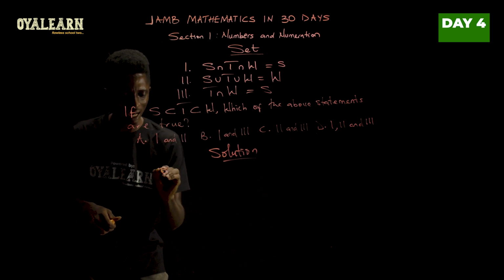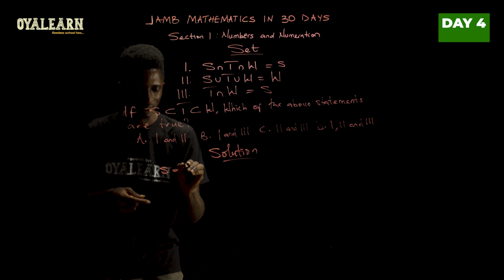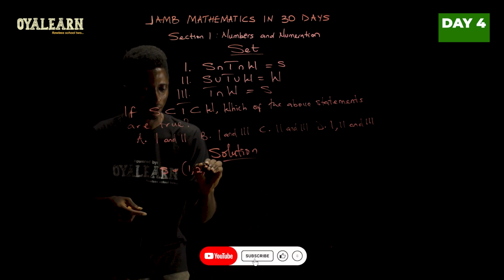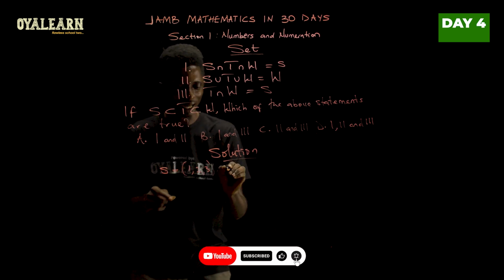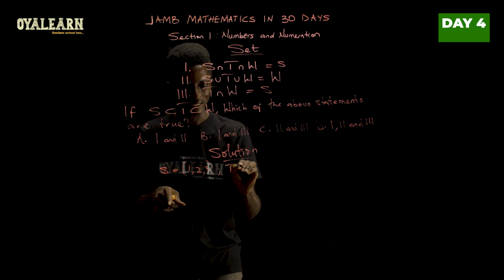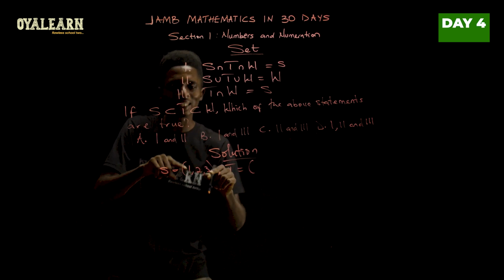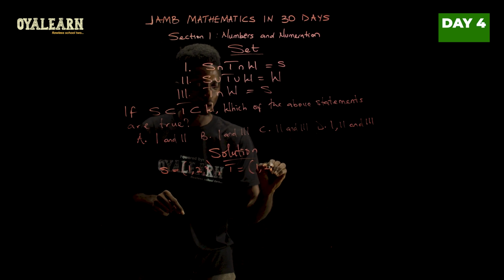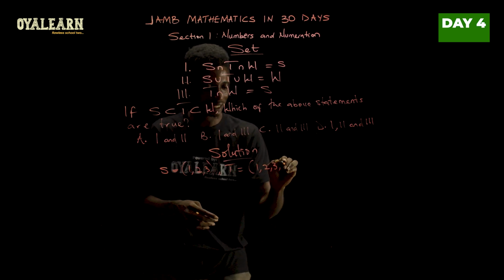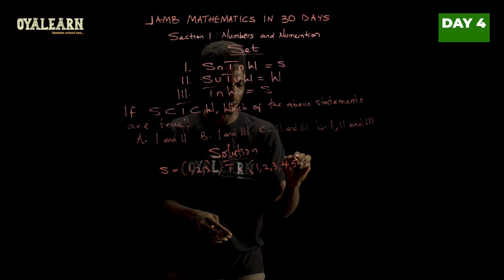So if we say, for example, S is 1, 2, and 3. We can then go on to say T would be, now everything that you have in S, which is 1, 2, and 3, plus other things. So let's add 4 and 5 to this.